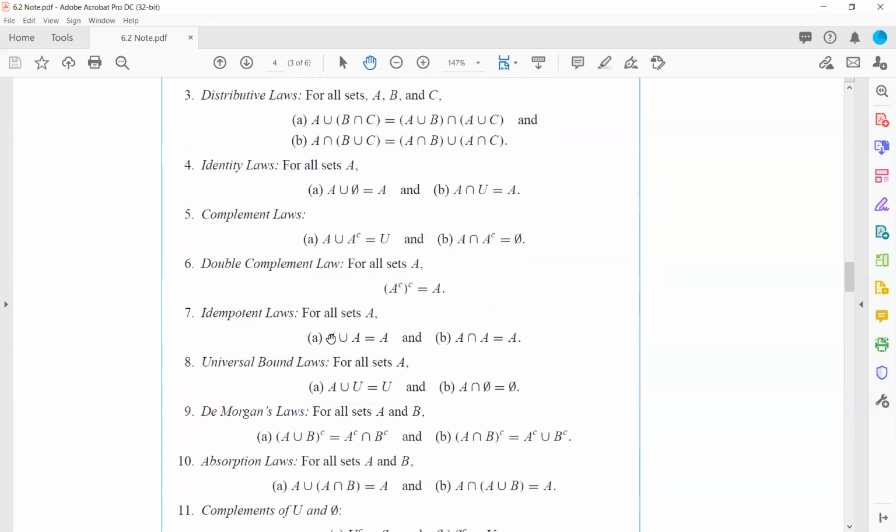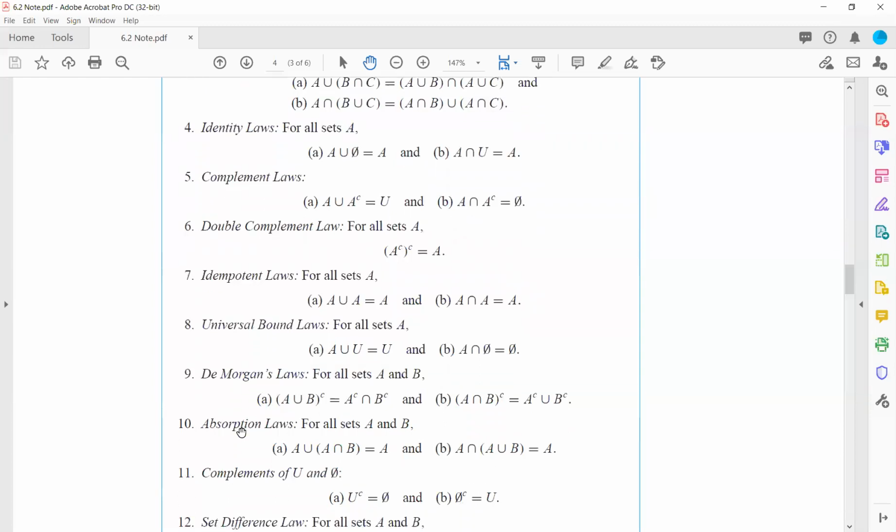The union between A and A is A. The intersection between A and A is A. Well, universal bound laws. Union between A and the universal set gives you the universal set. The intersection between empty set and any set is always empty.